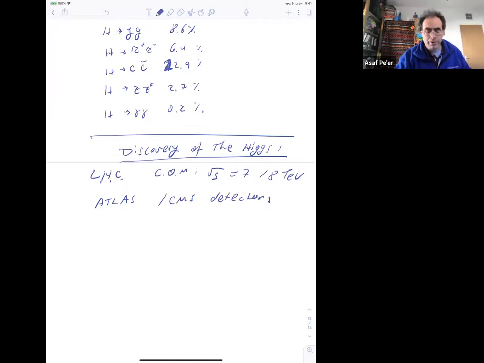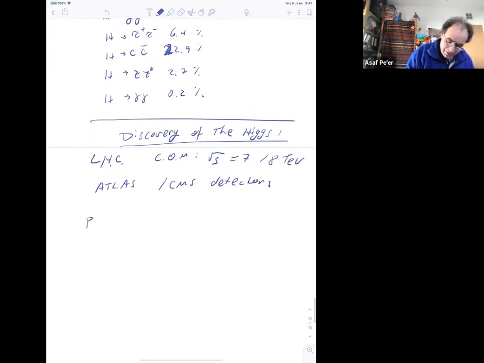Now there are many ways of producing the Higgs in the LHC. The 2 leading ways, of course, since it's a hadron collider, it collides quarks essentially. Since the Higgs preferentially couples to mass, the largest cross section for producing the Higgs is via gluon-gluon fusion.